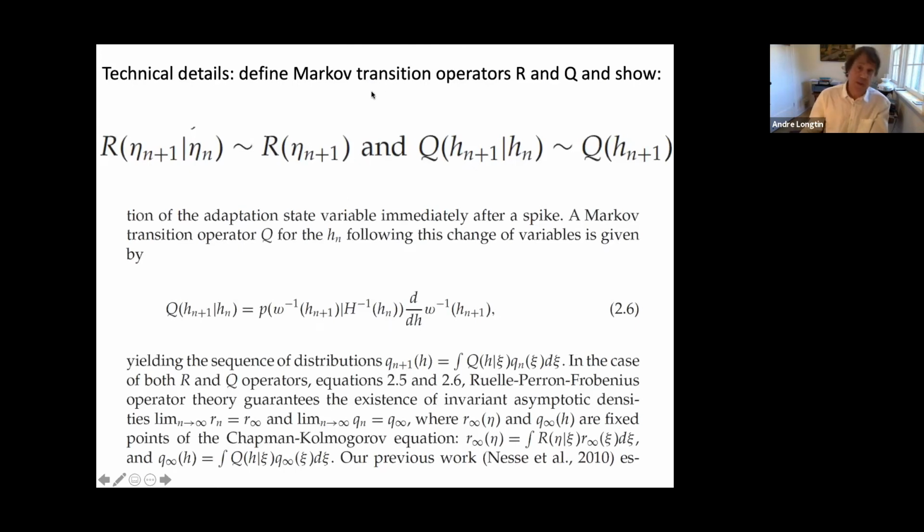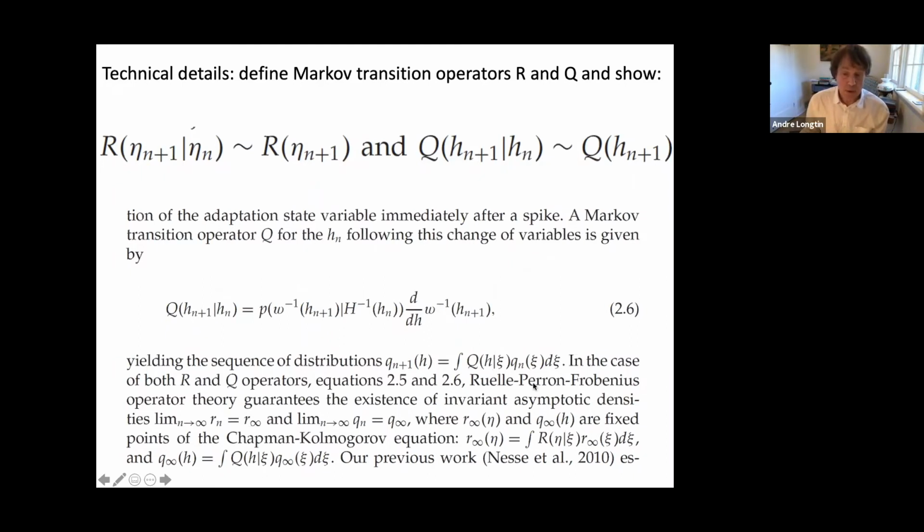If you're interested in this, you're dealing with Markov transition operators for the times in that map and for the values of the adaptation states in that map. So there are conditions where you can go from this description to one without the conditional, and same for here. And you can write these operators, for example, in this form using all the stuff I just showed you.